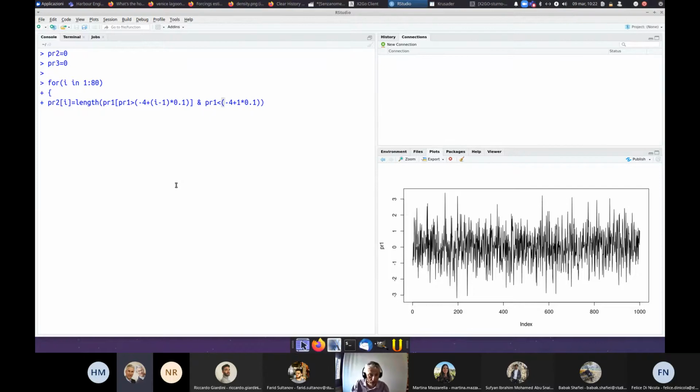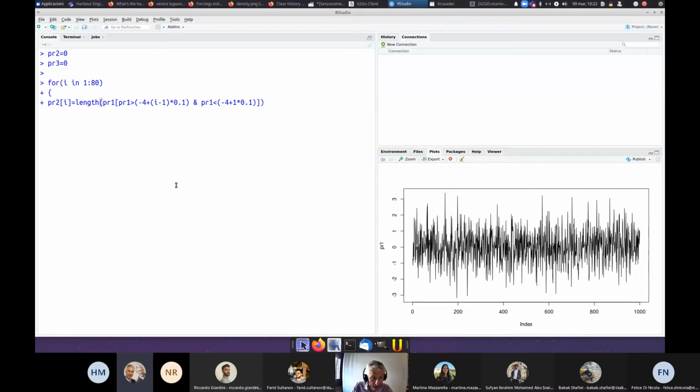And this is the second condition. I don't remember if the square parenthesis is to be put here or there. Let's see, we can try. I think both conditions should be given within the same square parenthesis, but we can try.